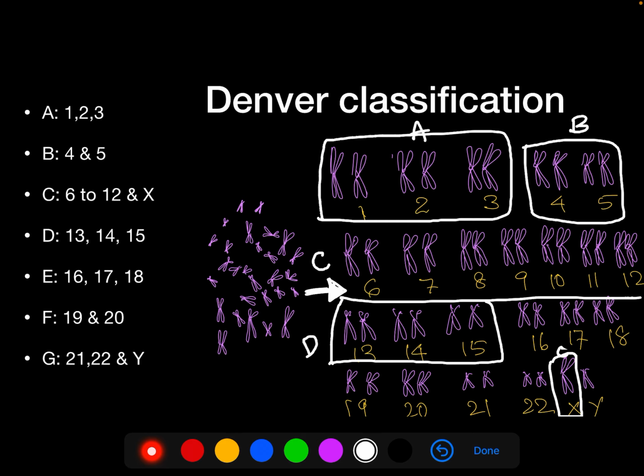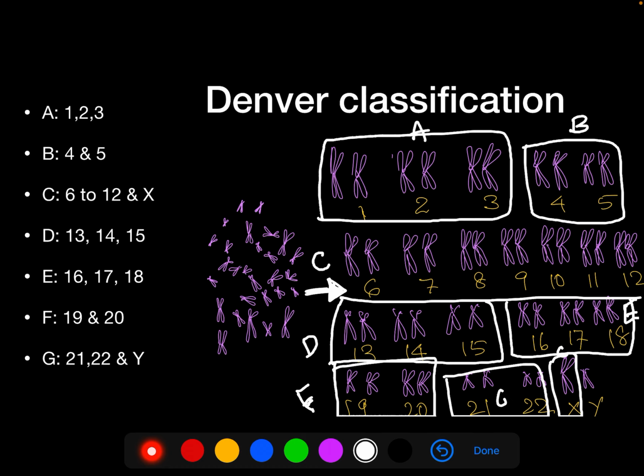The E group is 16, 17, 18. The F group is 19 and 20. And the G group is 21, 22 and the Y chromosome. So these are the 7 groups of chromosomes according to the Denver classification.